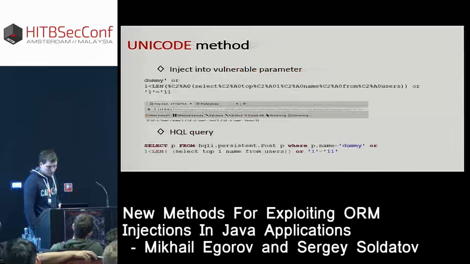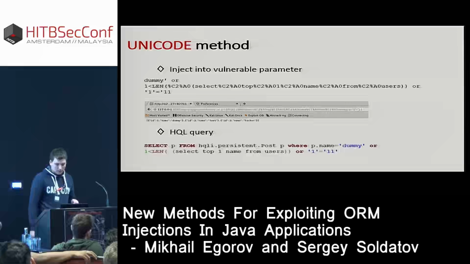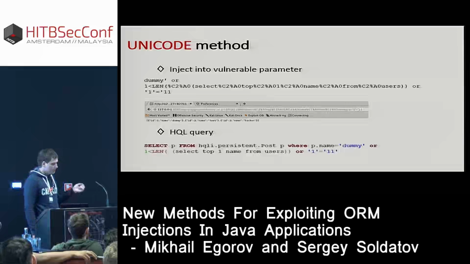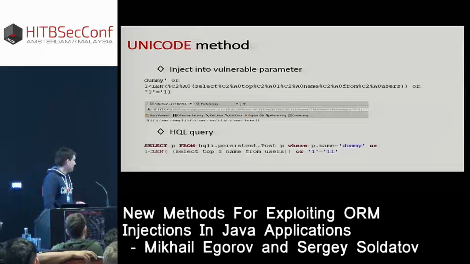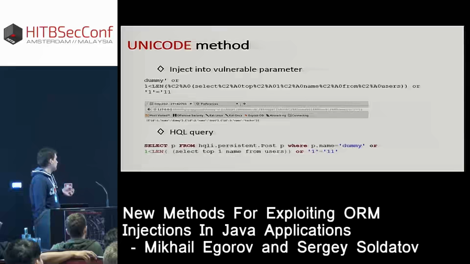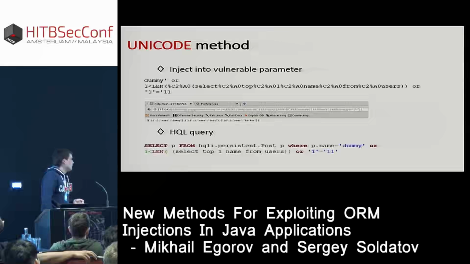So if we inject the following construction into the vulnerable parameter, we will get the following HQL query. And %C2%A0 is the URL encoded and UTF-8 encoded no-break space Unicode symbol.